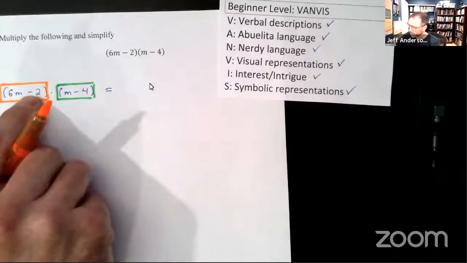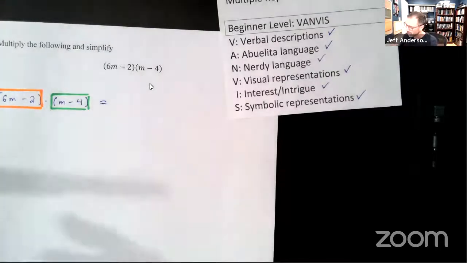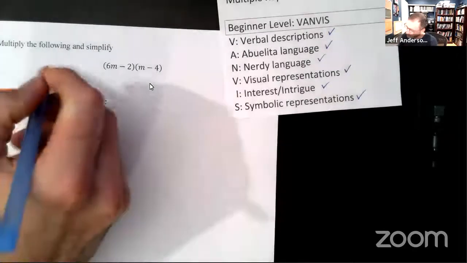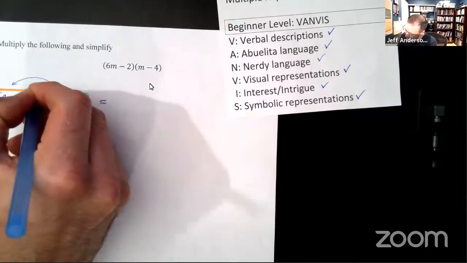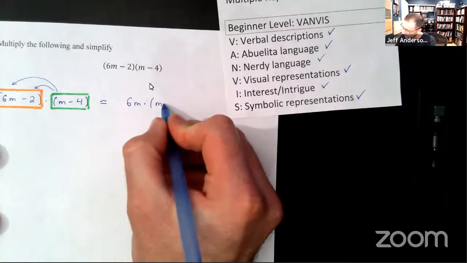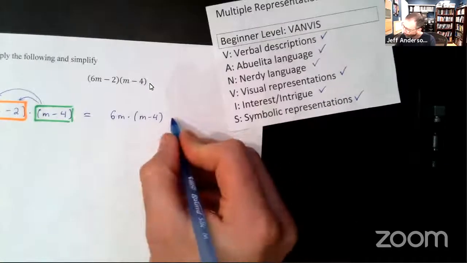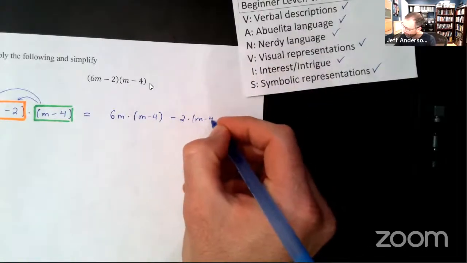We see there's a subtraction there and a multiplication outside. The multiplication is on the right, so we're going to pass the multiplication to the left-hand side. We're going to pass that through, which becomes 6m times m minus 4, minus 2 times m minus 4.